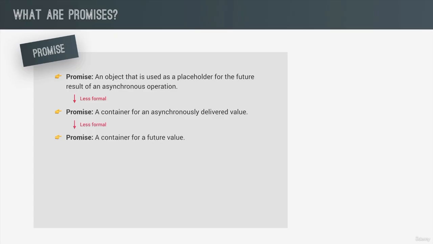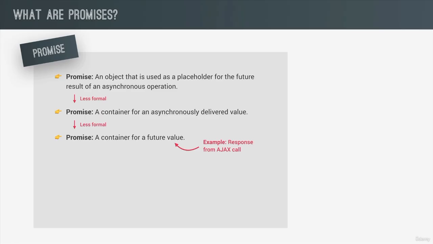So there you go. That's the most distilled down definition of what a promise is. So a container or a placeholder for a future value. And a perfect example of a future value is the response coming from an AJAX call. So when we start the AJAX call, there is no value yet, but we know that there will be some value in the future. And so we can use a promise to handle this future value.